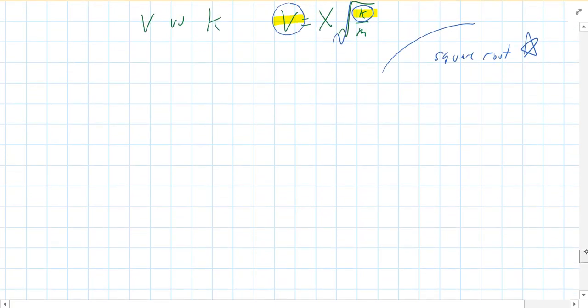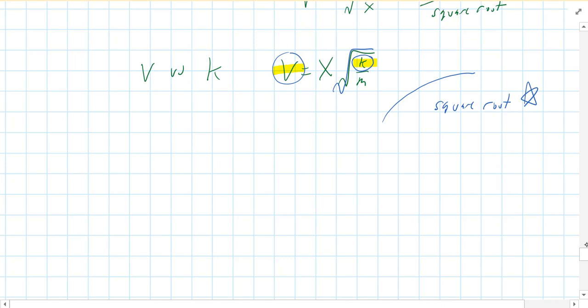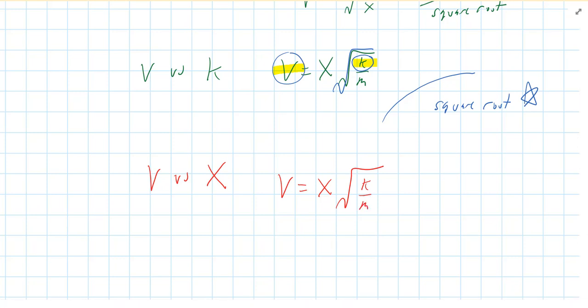The final thing that you did, and this would have been part 4 of that lab, is you graphed v versus x, okay? So again, if I rewrite my equation, you got this, okay? Now, in this last part of the lab, you left k and m alone. You didn't change those. You just changed x, okay? Well, what happens when you change x? If you increase x, velocity is going to increase.